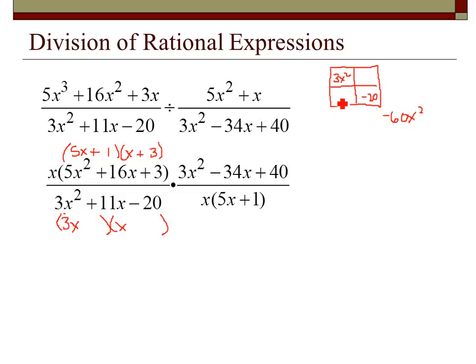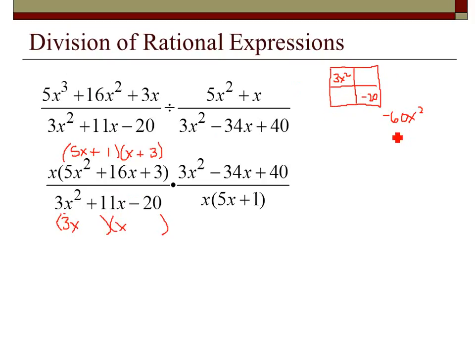So when I'm looking at my numbers, I need to see about getting negative 60. So when I multiply these together, well, I've got 3x and negative 20. That would actually, I want them to add to 11. So that's kind of the key thing. I need these two to add to 11, but multiply to give me negative 60.